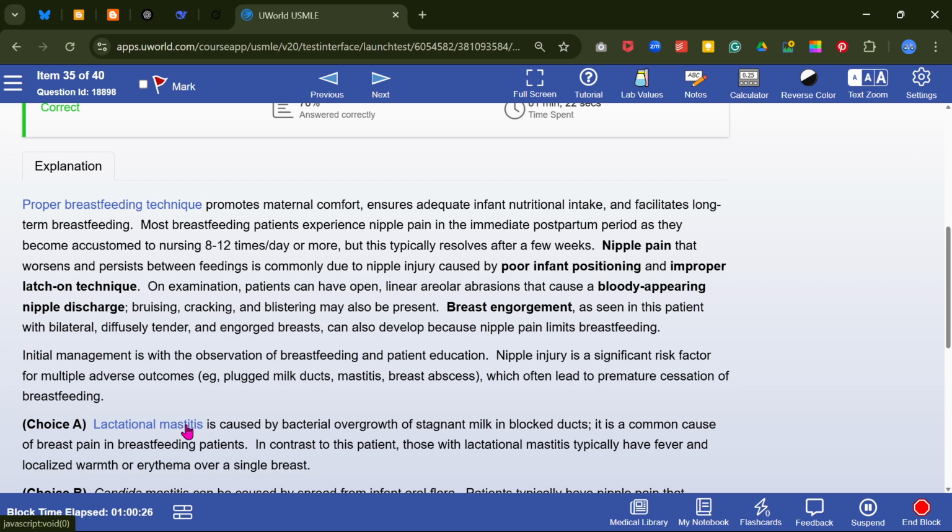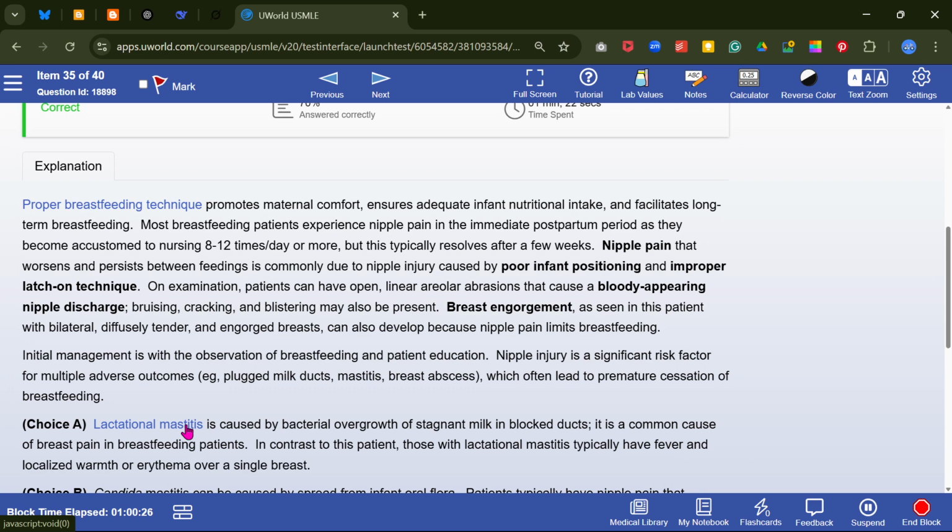Proper breastfeeding technique promotes maternal comfort, ensures adequate infant nutritional intake, and facilitates long-term breastfeeding. Most breastfeeding patients experience nipple pain in the immediate postpartum period as they become accustomed to nursing 8 to 12 times per day or more, but this typically resolves after a week.